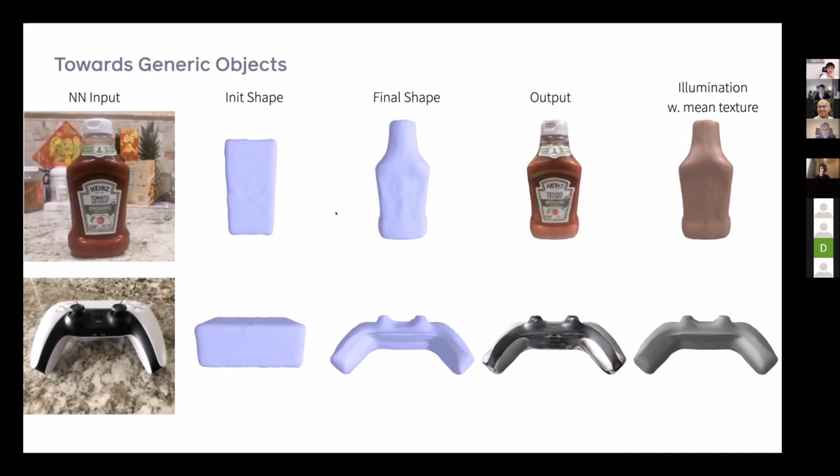And so maybe one last question. What do you think is the next step in this kind of line of work? Yeah, so I think I was maybe trying to allude to some of those. There are really 3 things. One, we want to allow more generic topologies. Second, we want to capture more complex appearance.